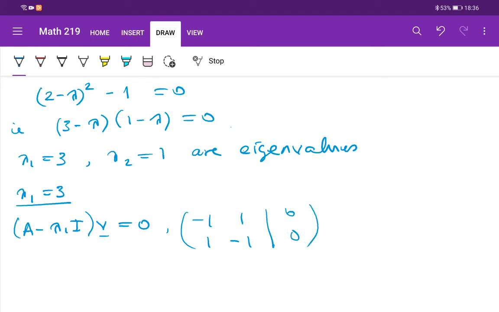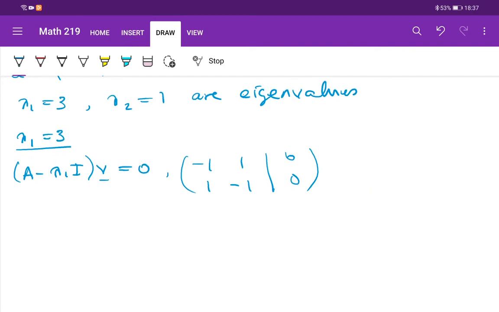So this is the augmented matrix, and by some row operations, which I won't describe here, you can do them yourself and check what the solution should be, you get v is equal to k times (1, 1). So this is the set of all solutions, this gives all eigenvectors.